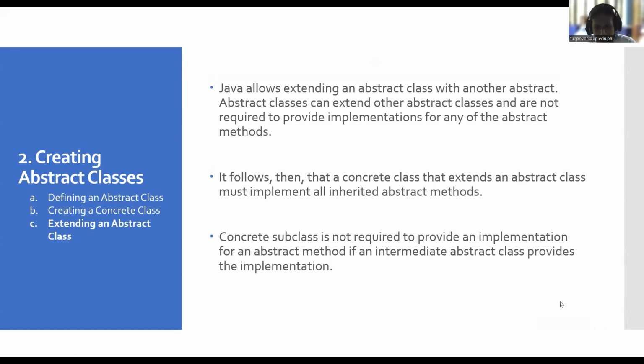Sir, can the fields in an abstract class have different values for different subclasses inheriting the abstract class? Yes, so this is the same as variable hiding, as we saw previously.